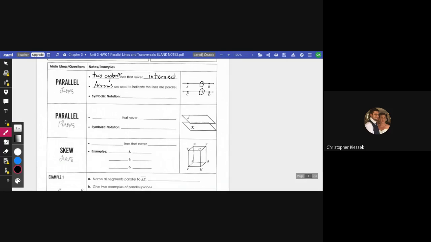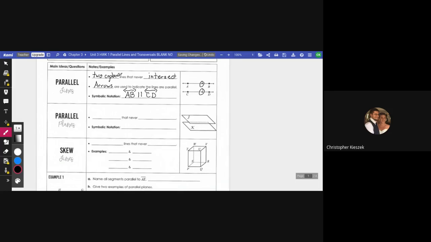If I was to say symbolically that these two lines are parallel, I would write line AB. Now I could write "is parallel to," but again, there is a symbol to represent parallel lines. It's literally two lines that are parallel. Students think of it as an 11 or a railroad track. Either way, it's just two vertical lines, which means is parallel to line CD.